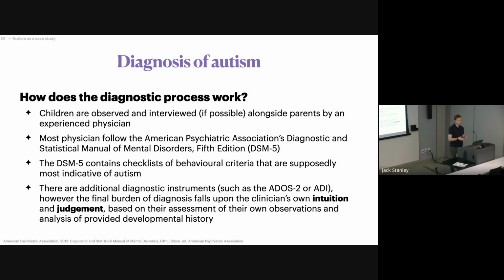Most physicians follow the DSM-5 manual, which contains various checklists of behavioral criteria that are supposedly most indicative of autism. Of course, there are also additional diagnostic instruments that some physicians use, but ultimately the final burden of diagnosis falls on the clinician's own intuition and judgment. And this is based on their assessment of their actual observations and the analysis of the provided developmental history.